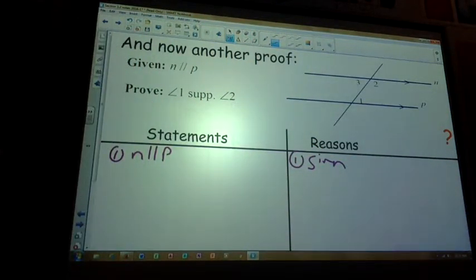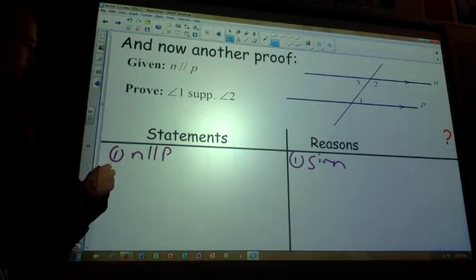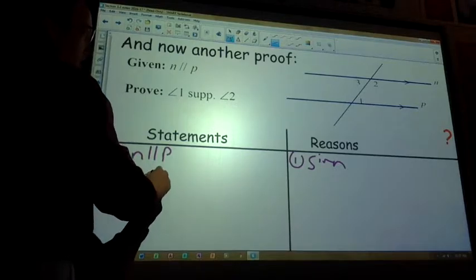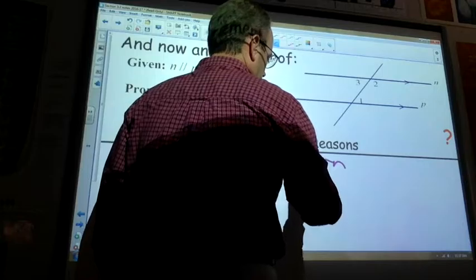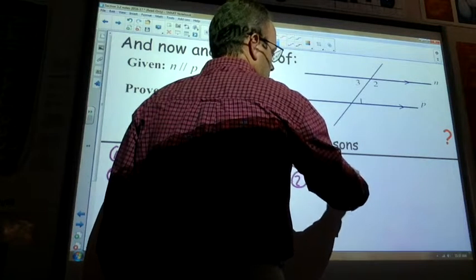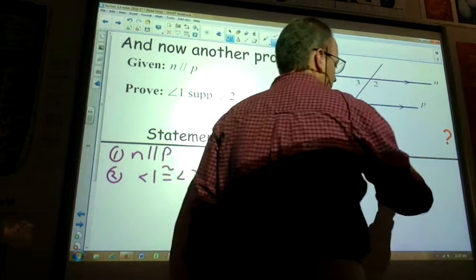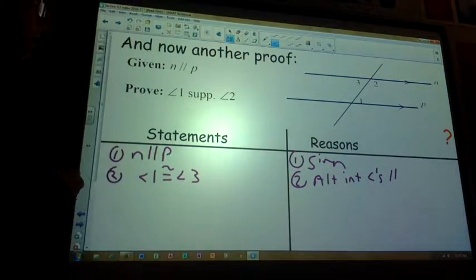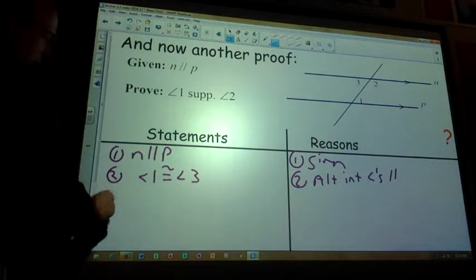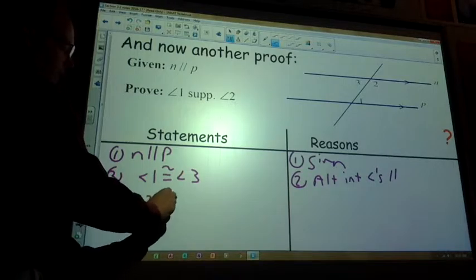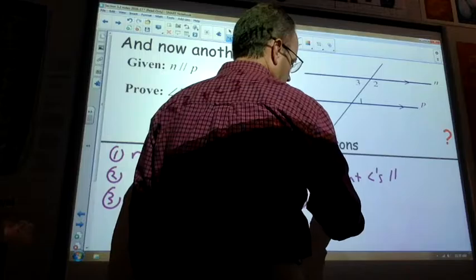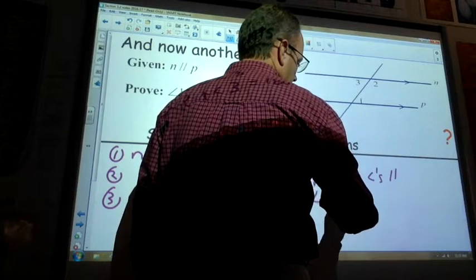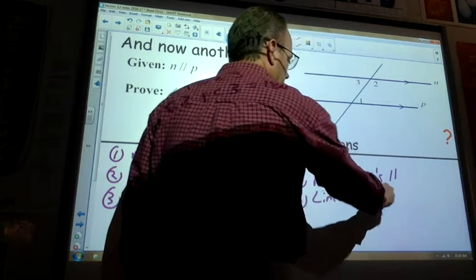Okay, prove 1 is supplementary to 2. So I could state that angle 1 is congruent to angle 3, and those are alternate interior angles with parallel lines. And then we could easily state that angle 2 plus angle 3 is equal to 180, linear pair. I don't know if that's what they went with, but we'll just play with it.